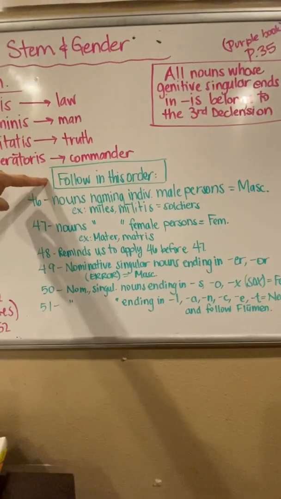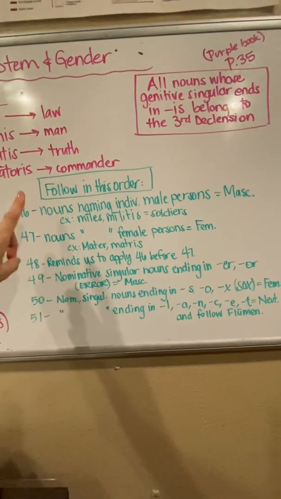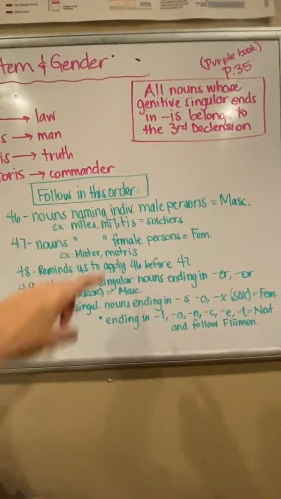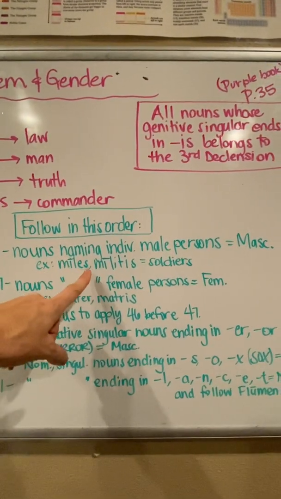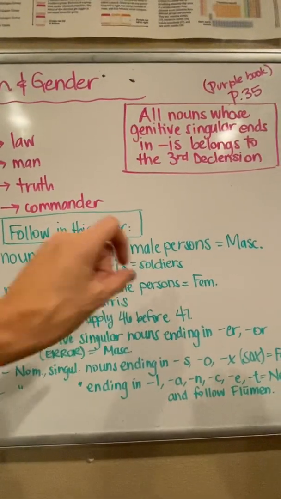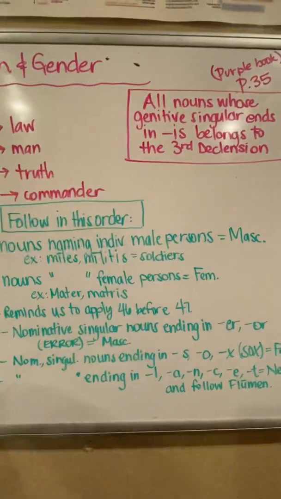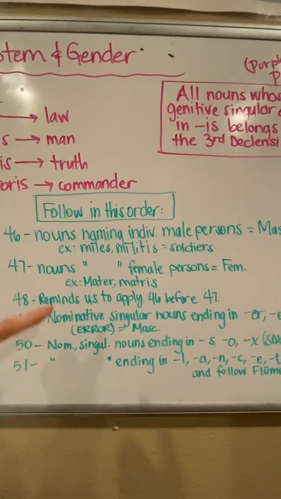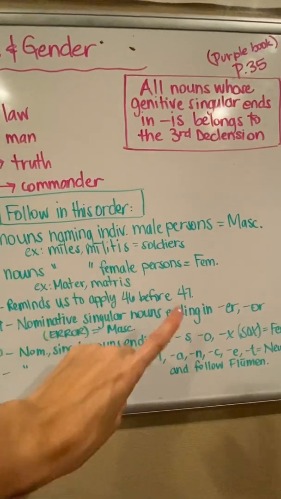We follow these rules in order. We always start at number 46 when determining gender, and it says nouns naming individual male persons are masculine. They give you an example, miles, militis, which is a soldier, and soldiers back in the day were always masculine. So it's a given here: masculine. The same thing applies down here. Nouns naming individual female persons are feminine.